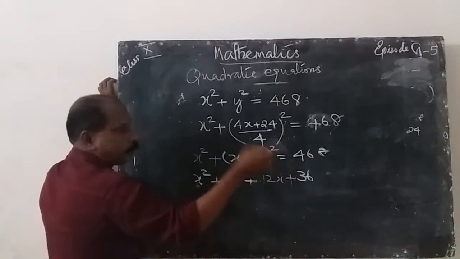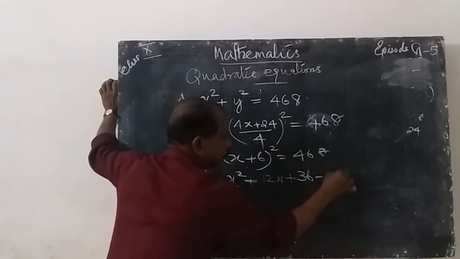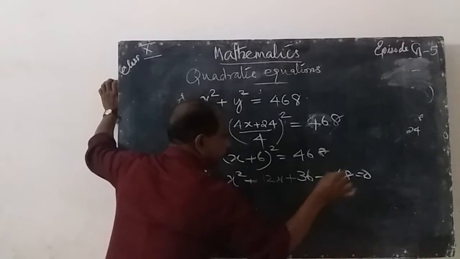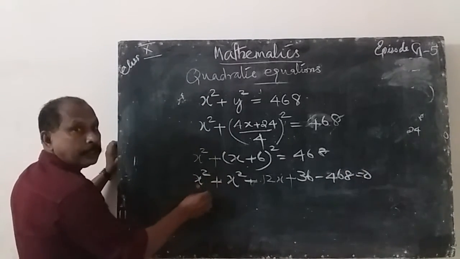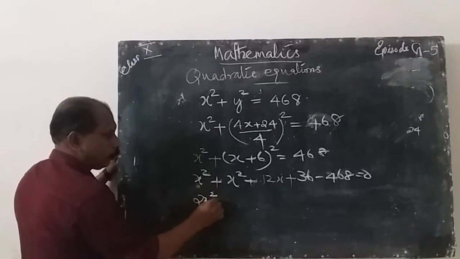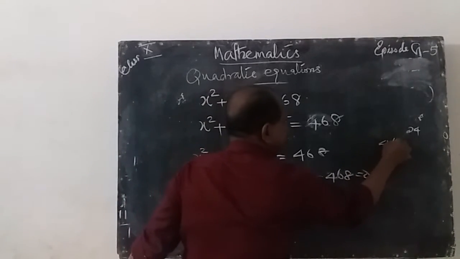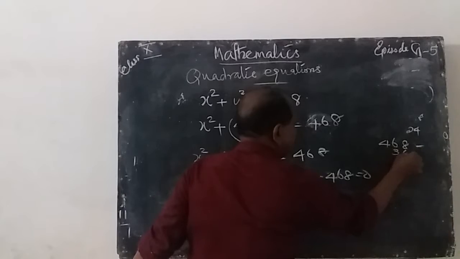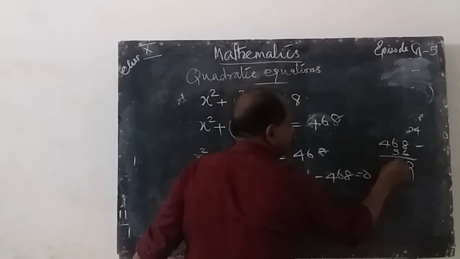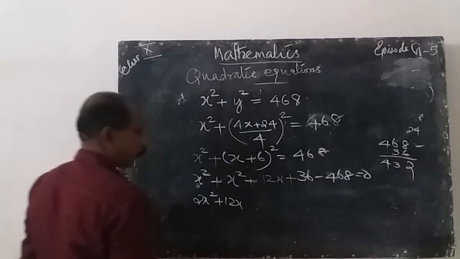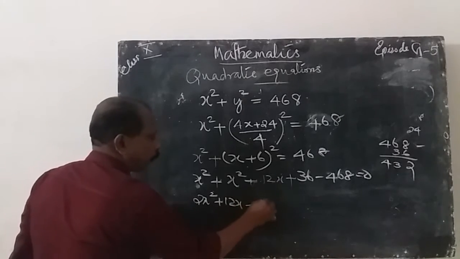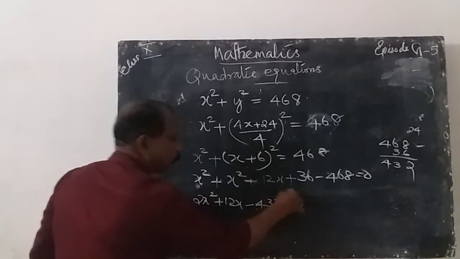Shifting 468 to left, minus 468 is equal to 0. That is x square plus x square, 2x square, plus 12x, plus 36 minus 468, that is minus 432 is equal to 0.